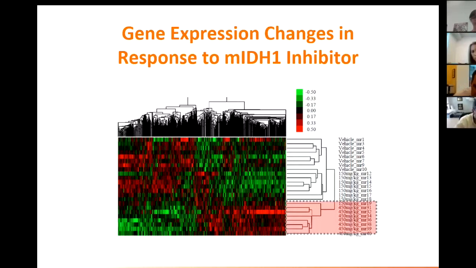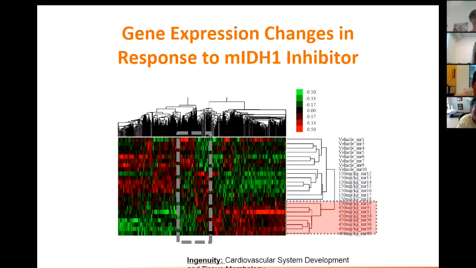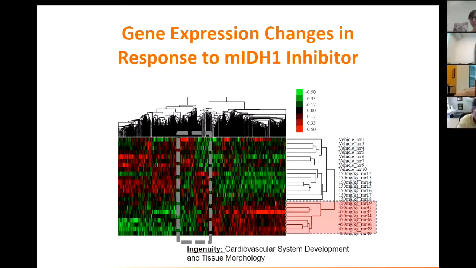So when you see a red signal, that's an increase in gene expression, and green is a decrease in this particular image. And so based on these types of measurements, we can identify pathways that are activated or inactivated immediately following targeting of the mutant enzyme.